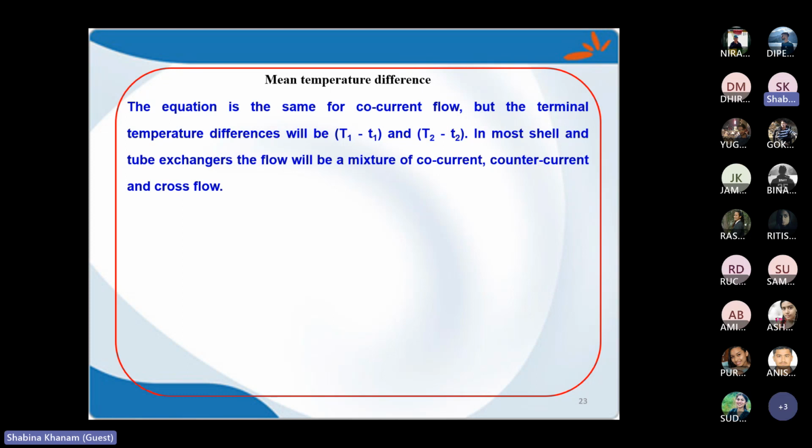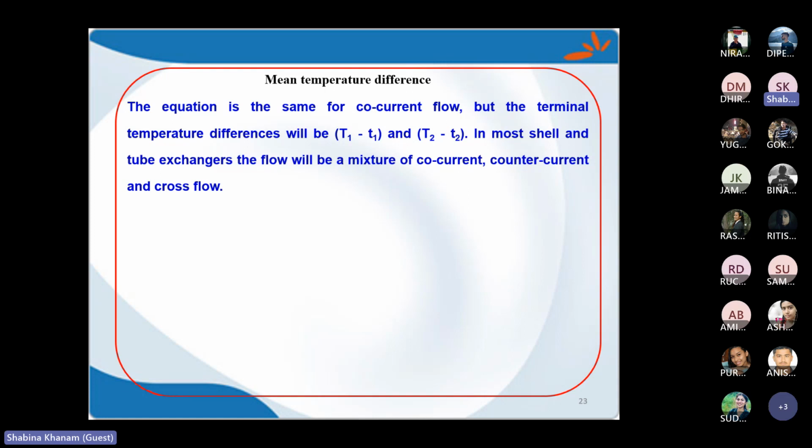If I have a double pass in the tube side, okay, I hope you understand all this, sorry, that should be double pass, one pass in shell and two passes in tube, so we call that a 1-2 shell and tube heat exchanger. If I consider two passes, all the tubes will be divided in two.